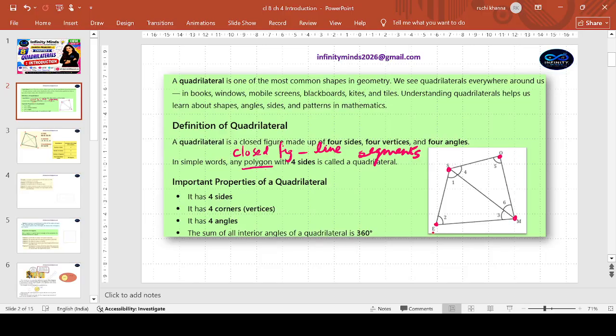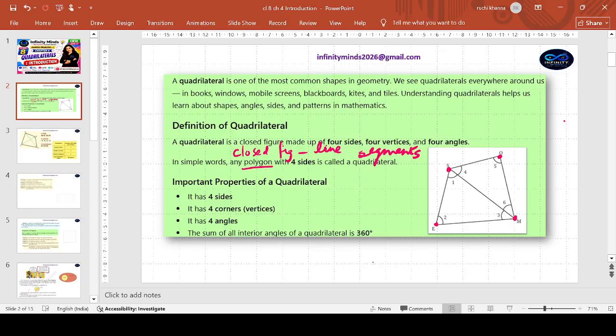When they are joined via line segments, what you get is a side. So there are four vertices, four sides, and obviously they give rise to four angles.